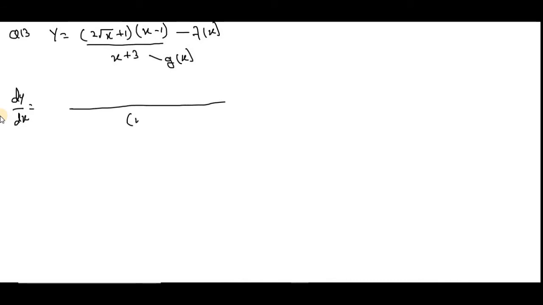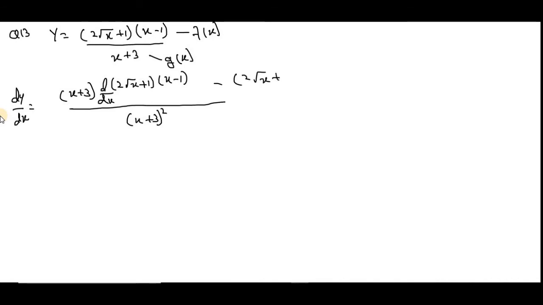dy by dx is equal to (x + 3) times the derivative of the first function (2√x + 1)(x − 1).